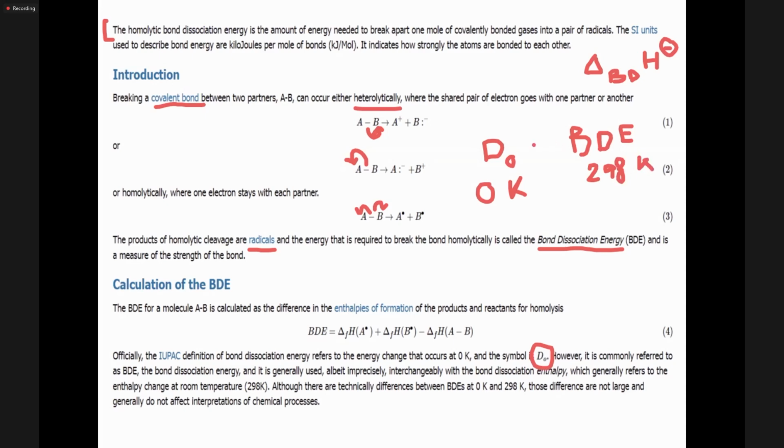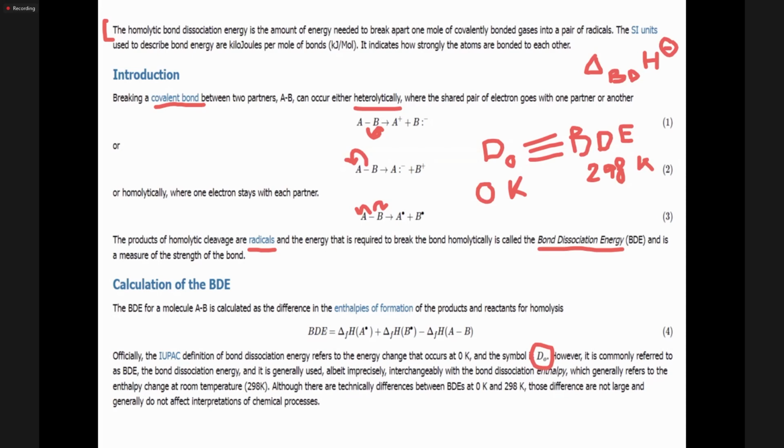Now these two terms are similar and used simultaneously, albeit imprecisely and interchangeably. So I can write BDE instead of D0. But then you will ask that one is at 0 Kelvin, sir, and another is at 298 Kelvin, so why can we use two different parameters? Because they are taken at two different temperature values.